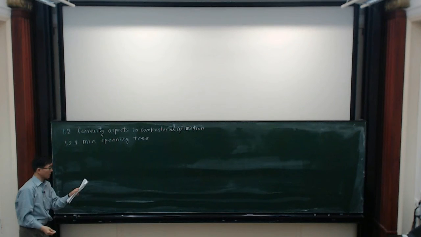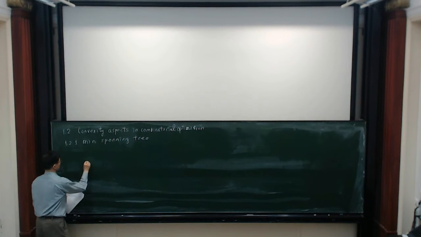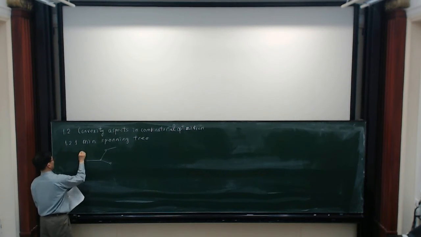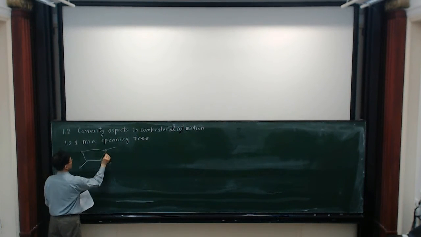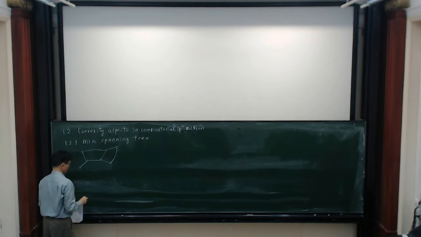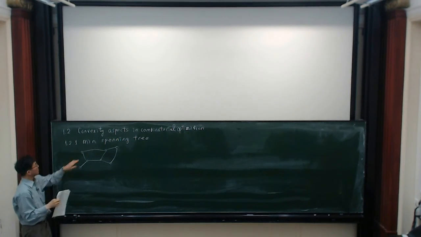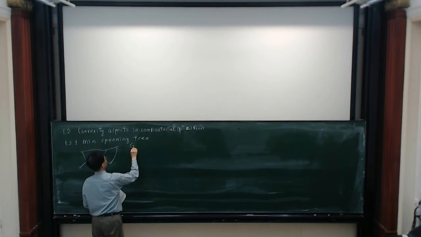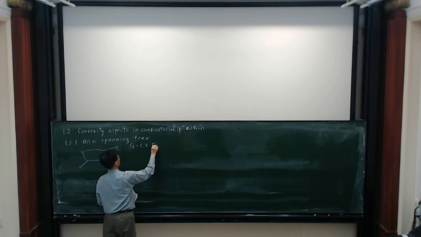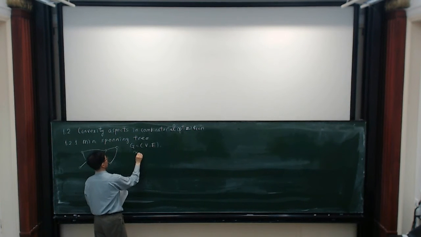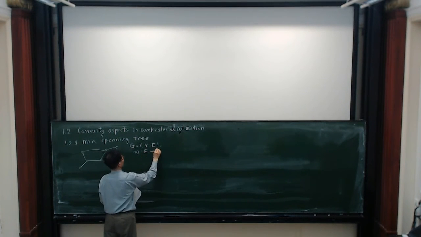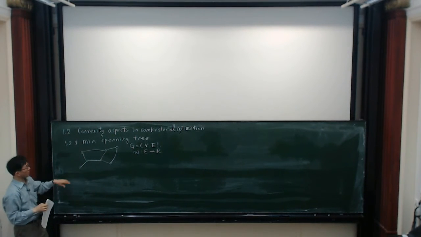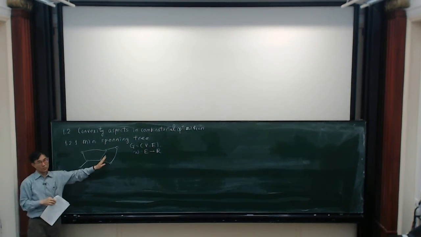Maybe I can assume that everybody knows what it is. So given a graph like this, with edge weight or length, G and edge weight, then we have to find the spanning tree that has the minimum total weight or length.